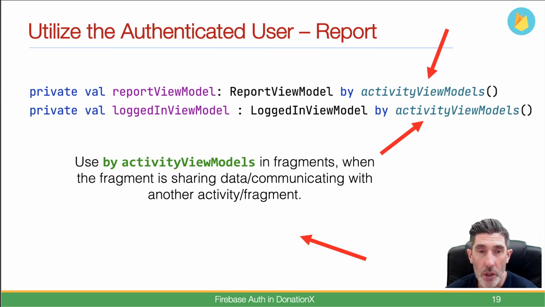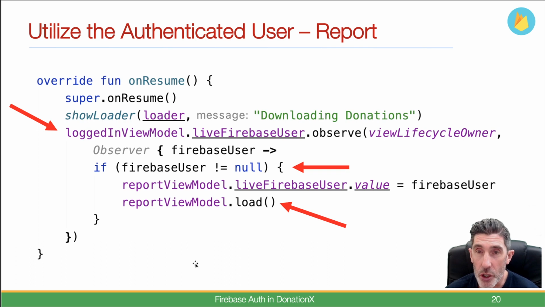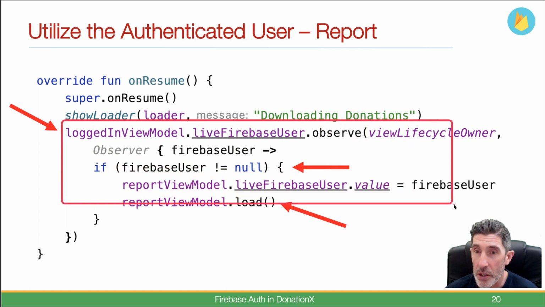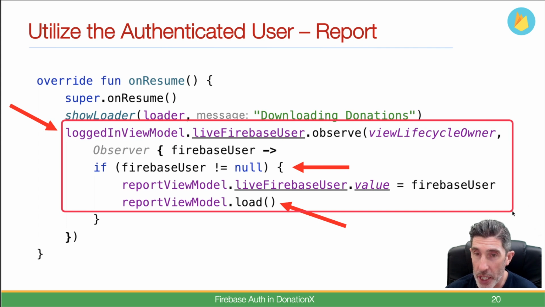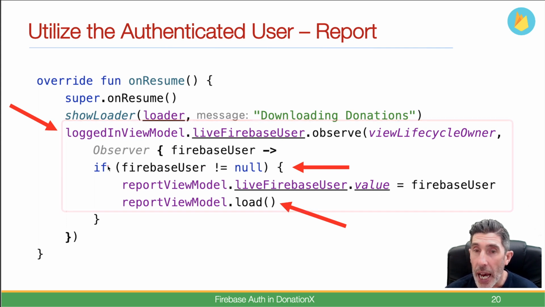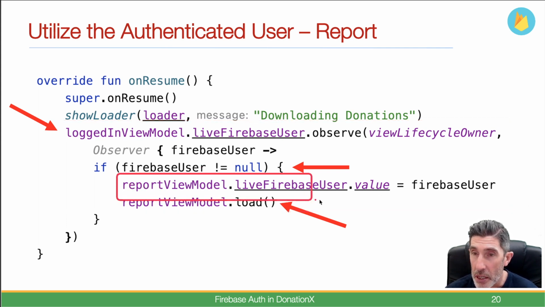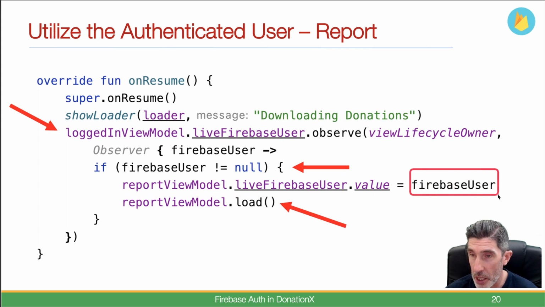Okay, so here we are in our onResume, which is inside our report. Every time our report loads and resumes, we keep track just to make sure that the live Firebase user is authenticated, is logged in, and we update the live Firebase user property to that user.